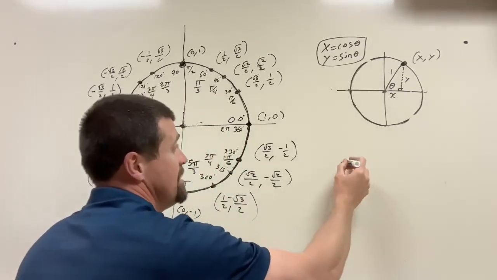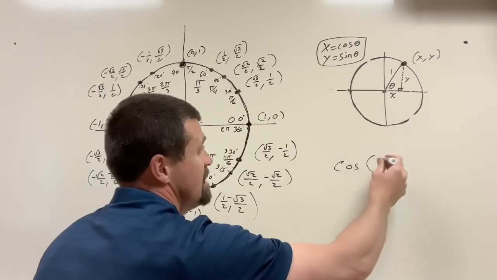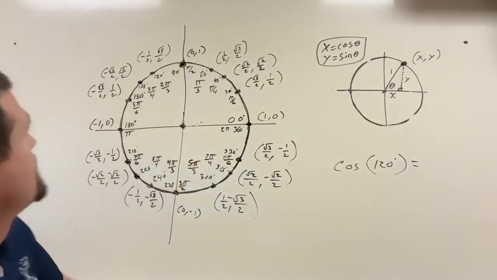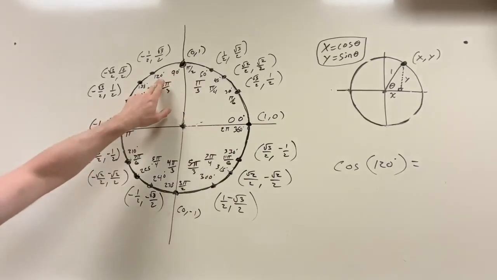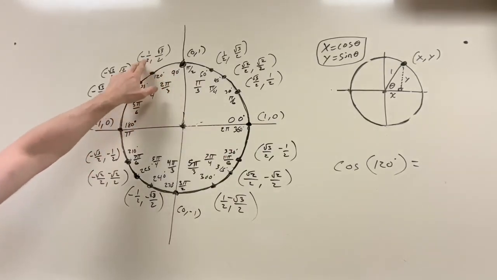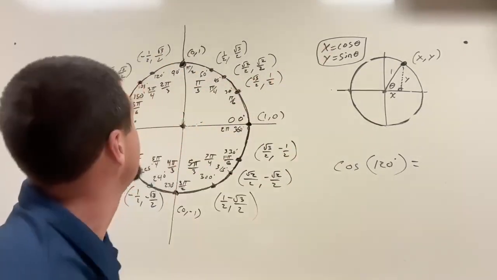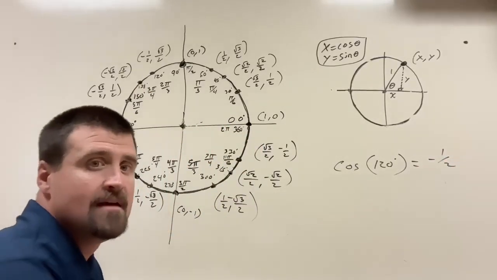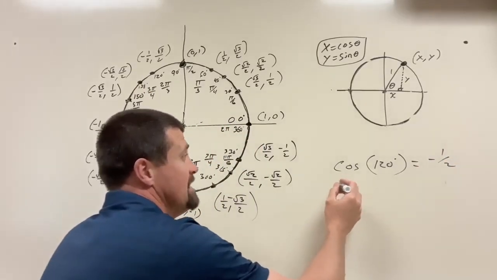If I wanted to find the cosine of 120 degrees, okay, then I would go to 120 degrees on the unit circle, and I would find the x-coordinate, because x is equal to cosine, and I would get negative a half.